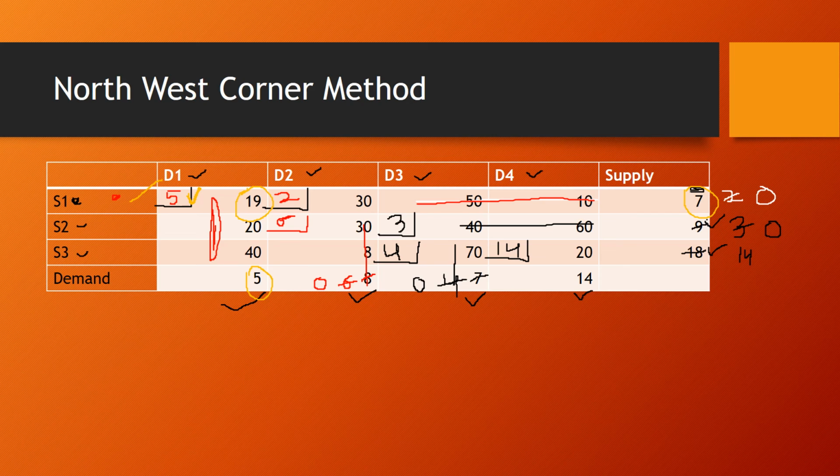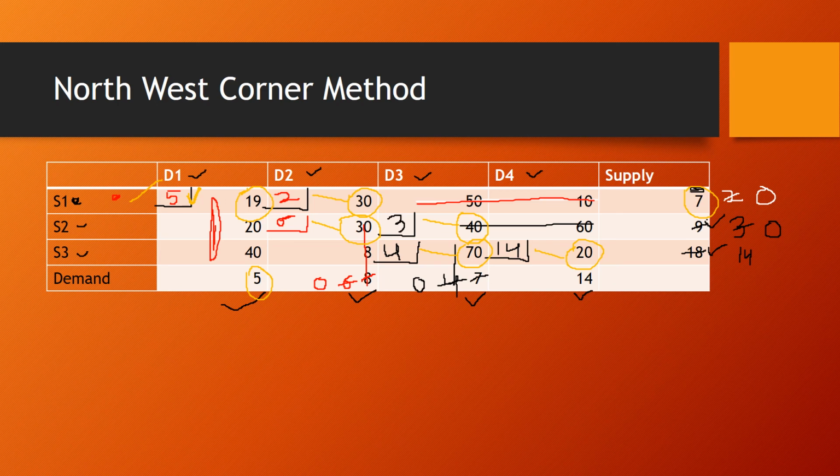In the second column, it will be 30 multiplied by 2. In this it will be 30 multiplied by 6. In this it will be 40 multiplied by 3. In this it will be 70 multiplied by 4, and in this it will be 20 multiplied by 18.